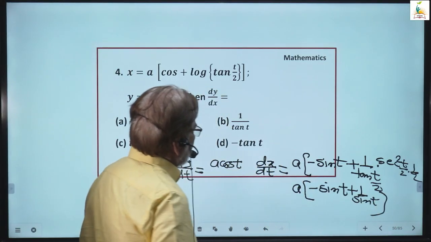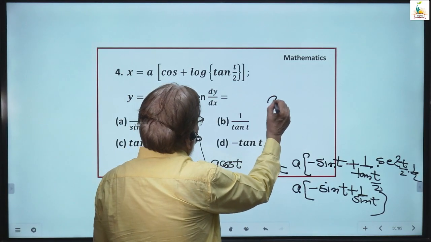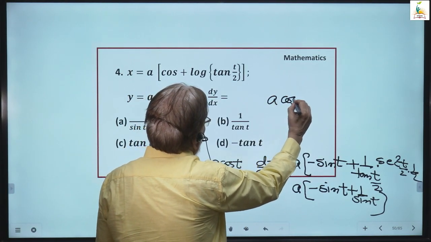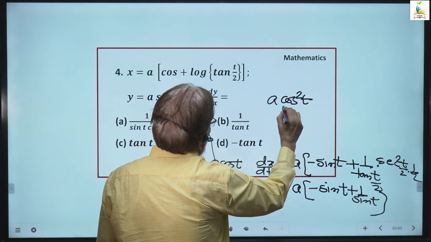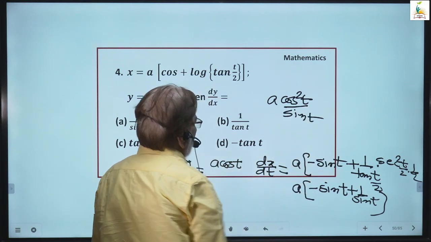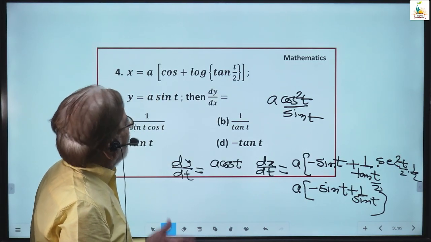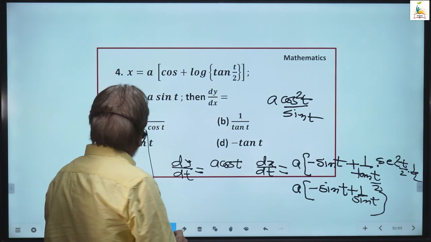So dx upon dt, we are getting a cos square t upon sin t. Answer will be tan t.